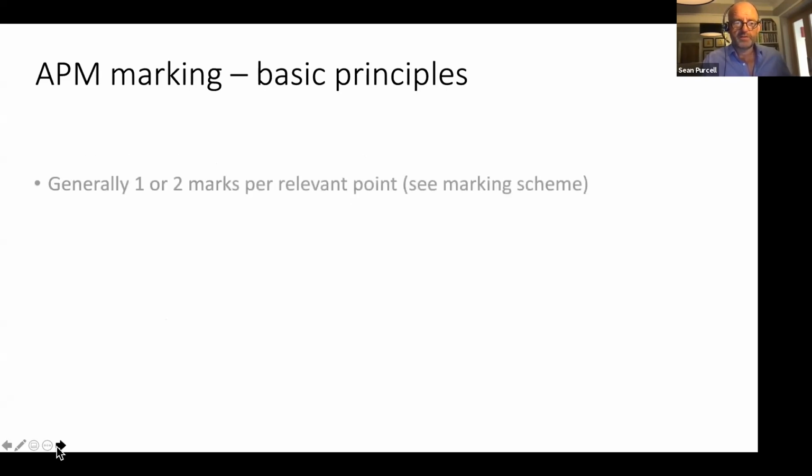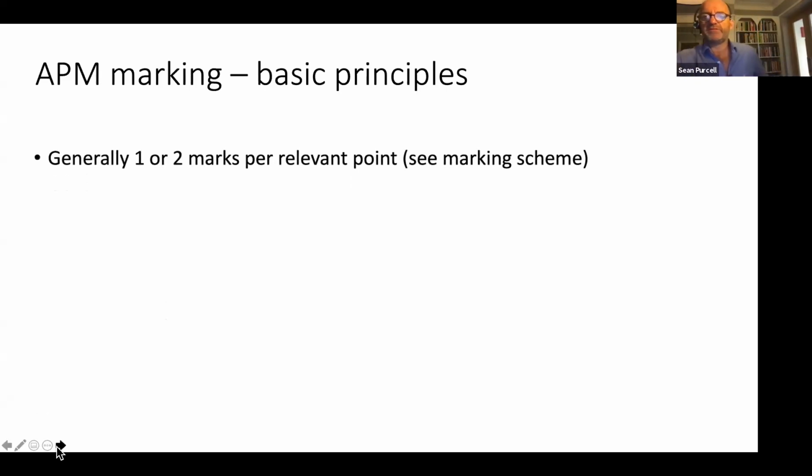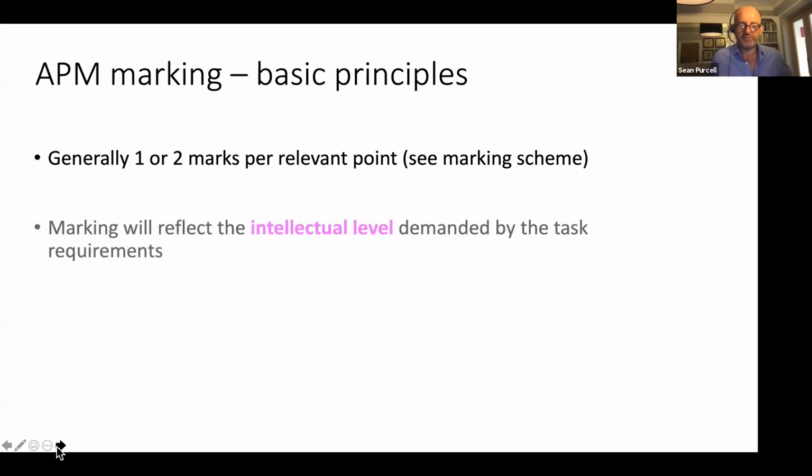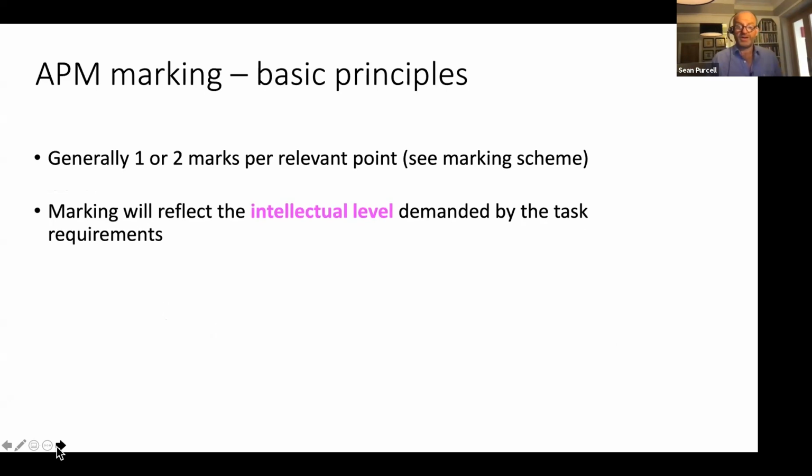Let's talk about a couple of other things. I would be aiming for 1 or 2 marks per point. So think of it like that. Don't be thinking you're going to get much more than that. Be prudent. The marking on APM is very reflective of the intellectual level. So it's strategic, professional.